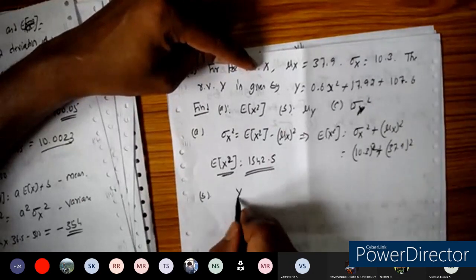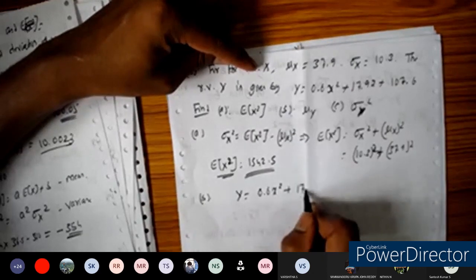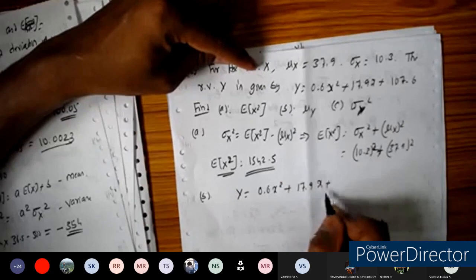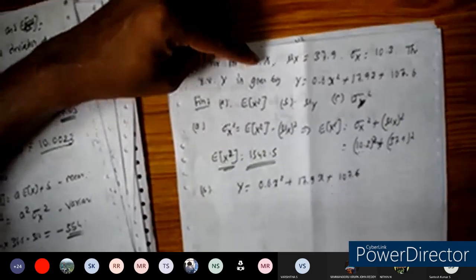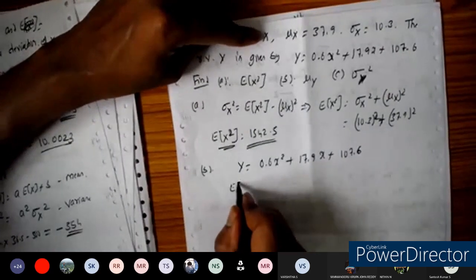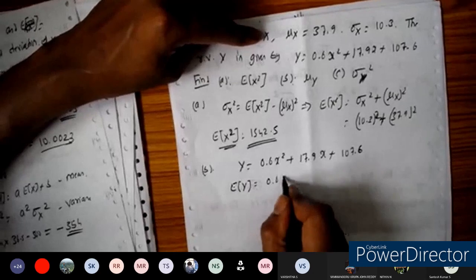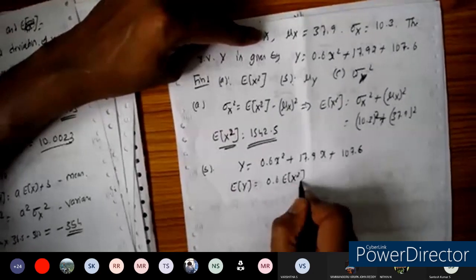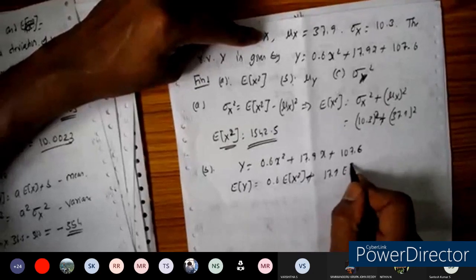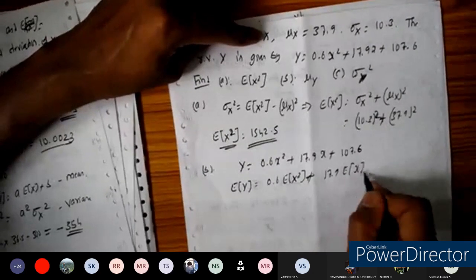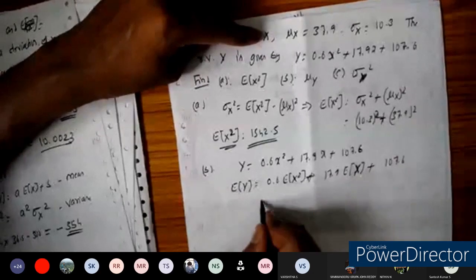Okay, so let us find the second part. The random variable y is given as 0.6 x square plus 17.9x plus 107.6 here. Let us find the mean. The mean is nothing but the expectation of y. So this is 0.6 into the expectation of x square. When you take the expectation, you get like this: 17.9 into, I'm applying it for the random variable x here, plus the constant will remain constant only.